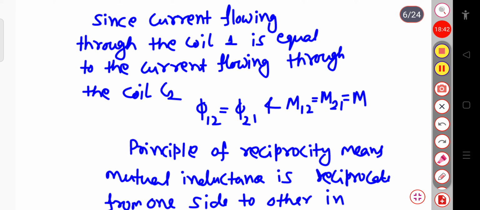And if the same current is flowing in coil 2, then there will be the same magnetic flux in coil 1, and hence there will be an induced EMF. And we can say that the value of mutual inductance is the same for coil 1 and coil 2. This is known as the reciprocity theorem of the mutual inductance. So this is all about the reciprocity theorem of the mutual inductance.